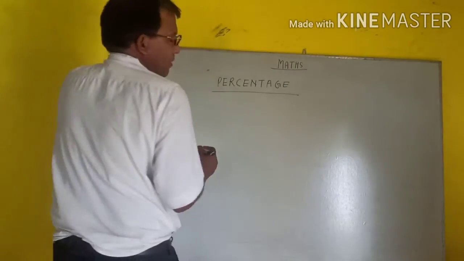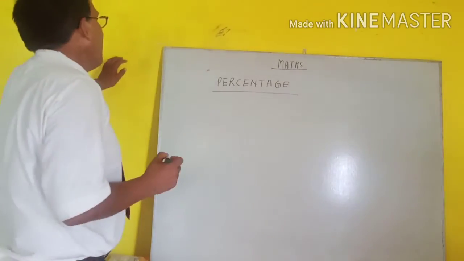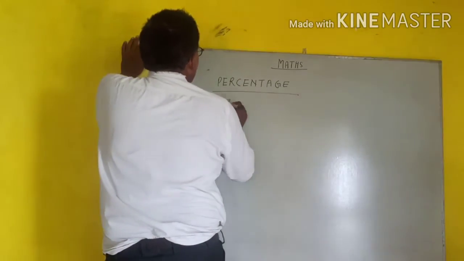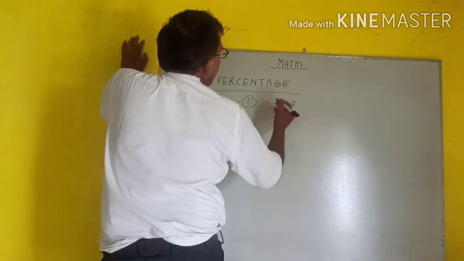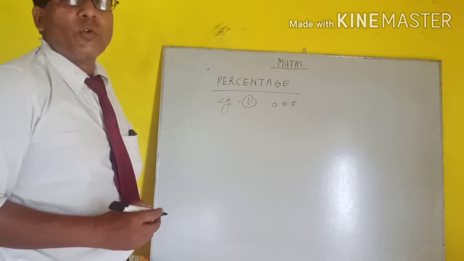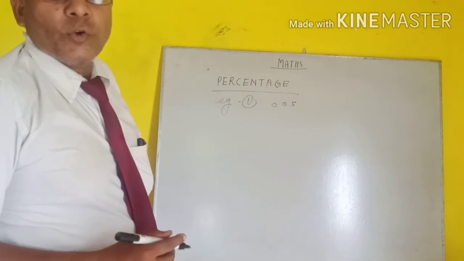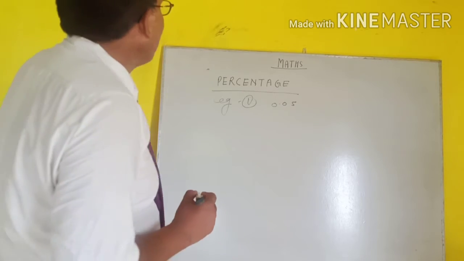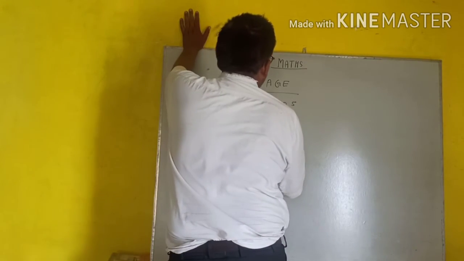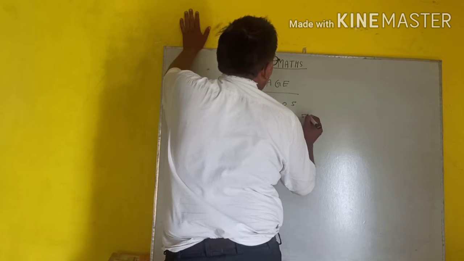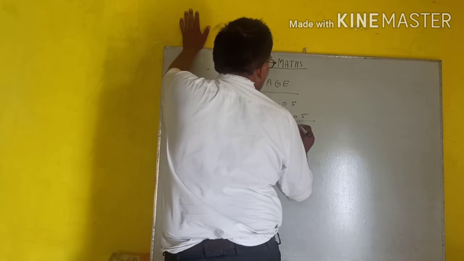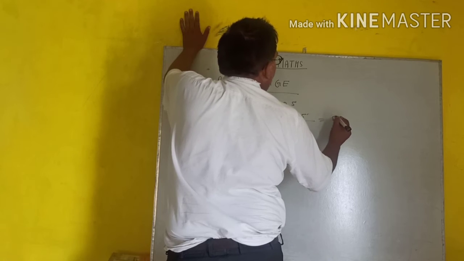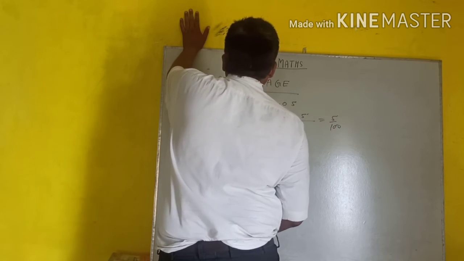Now how do you convert a decimal number into a percentage? If there is written, for example first, 0.05, how do you convert it into a percentage? First you convert it into a fraction. You write 0.05, under it you write 1 and after 2 decimal places you write 100. It becomes 5/100.